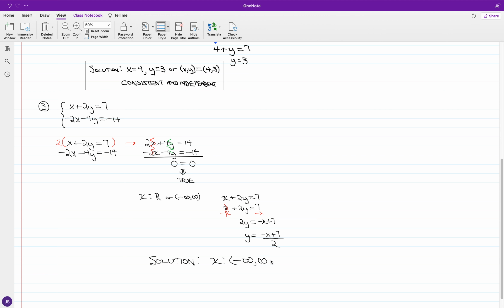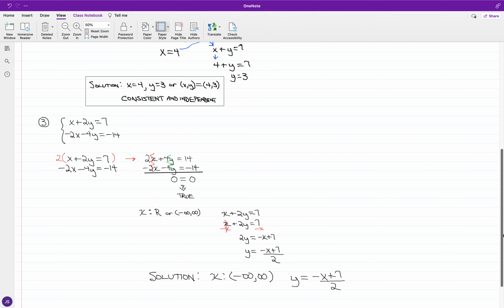And if it were my choosing, I would say that for y it is also the set of all real numbers. But in the case of Alex, it wants y to be expressed in terms of x. We have that y is equal to negative x plus 7 all over 2, and you have that running throughout the whole real number system.